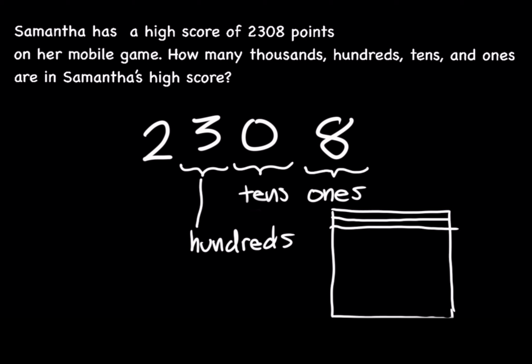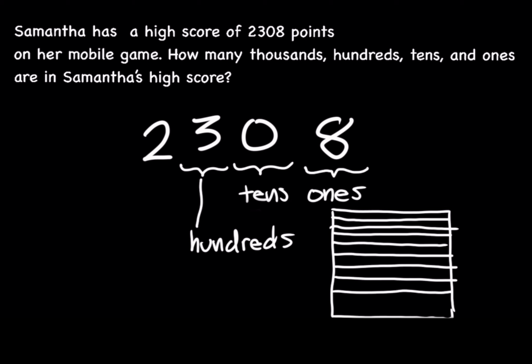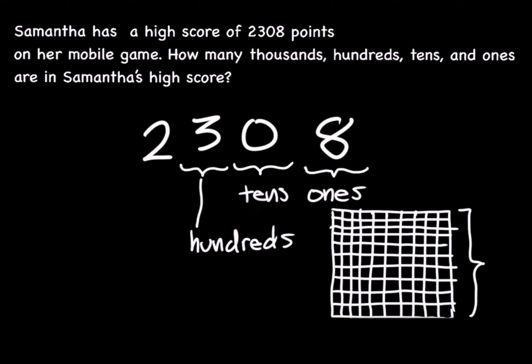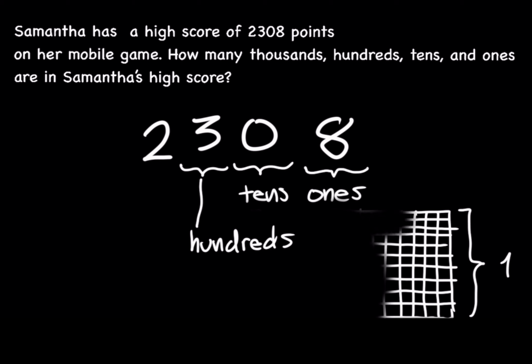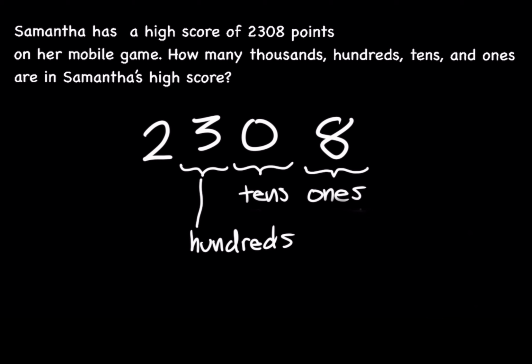So let's make 10 rows and 10 columns. And together that would represent 100, right? And in this case, we have 3 in the hundred spot, so that means we have 300.